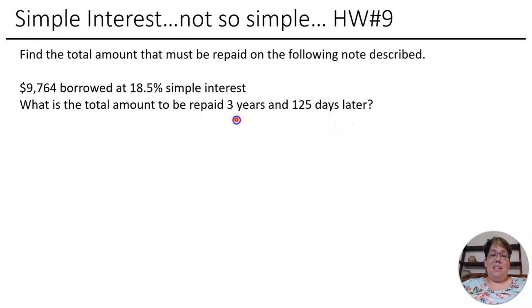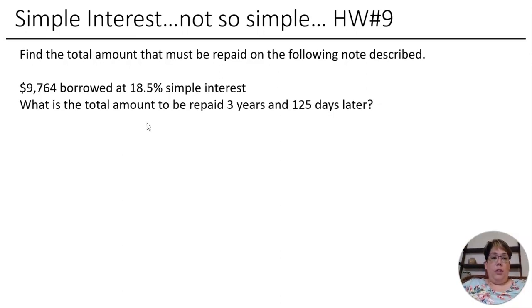So that makes it not so simple. So here we are talking about finding the total amount that must be repaid. So that is future value, and this is simple interest. So on that formula sheet, you should be able to find future value for simple interest.